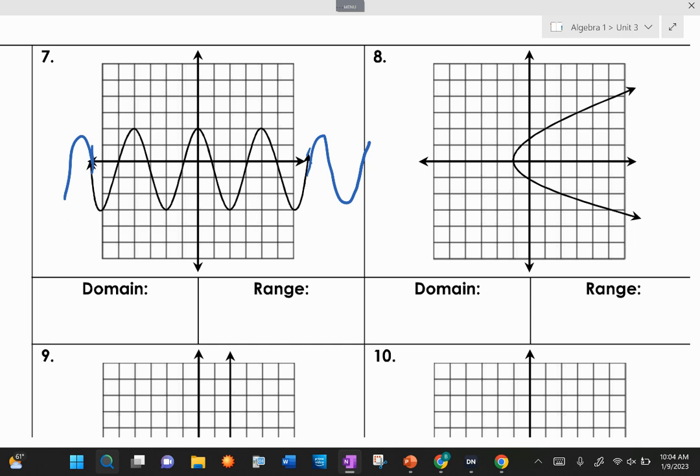Domain. Emma, what do you think? How far to the left is it going? And what about to the right? So what's your answer? All real numbers. Good job. Okay. Range. Lizeth, what's the highest that it goes and the lowest that it goes? First start with the lowest.